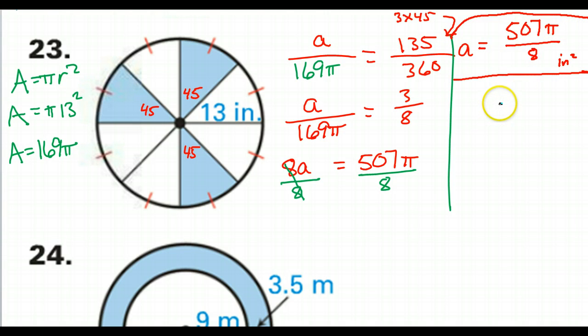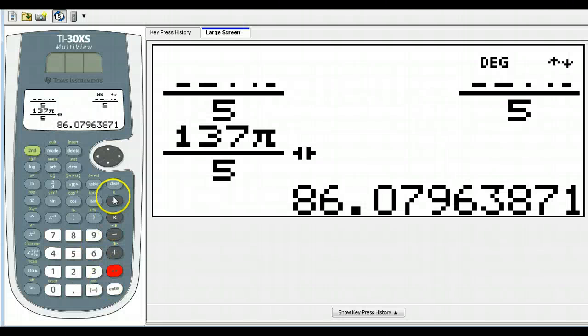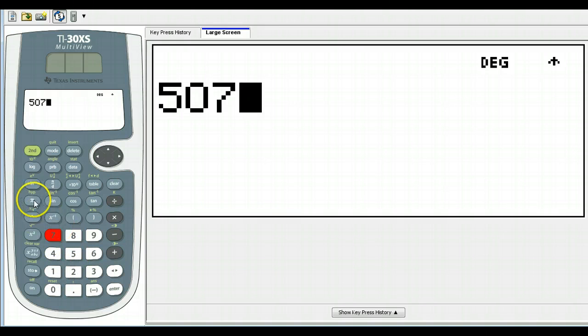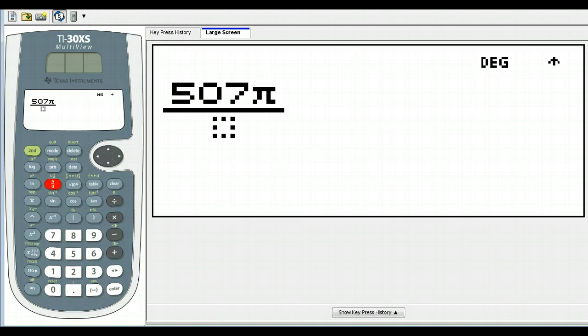If I want a decimal answer, I can go ahead and put that in the calculator. I really recommend doing it as a fraction though. So this would be 507 pi over, what was it, 8? Over 8. Please do it as a fraction.